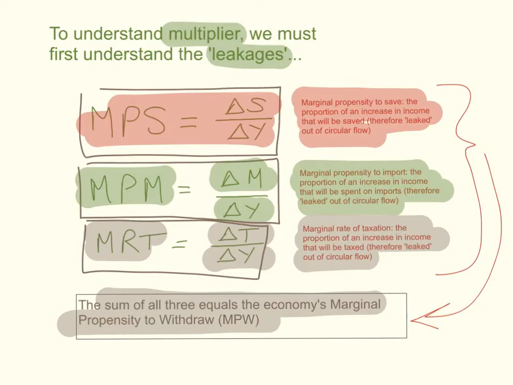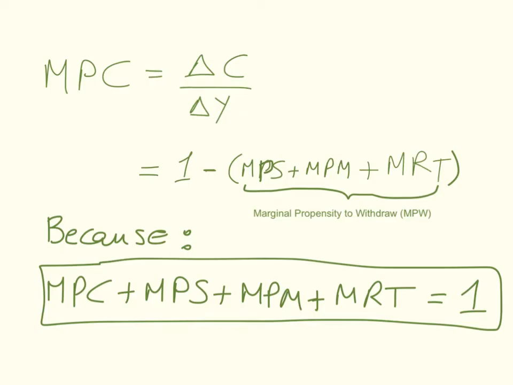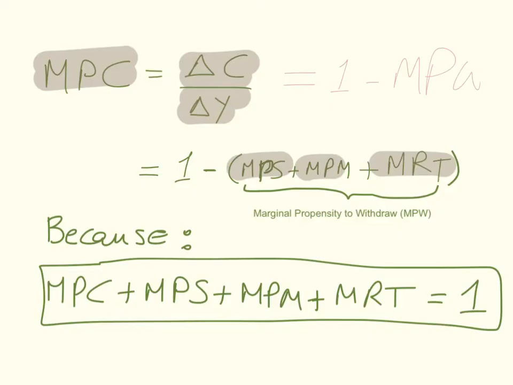What is the significance of those three marginal propensities? Let's find out in the next slide. This brings us to the MPC, the change in consumption spending as a result of a change in income. The MPC is equal to 1 minus the sum of all three: 1 minus the MPS plus the MPM plus the MRT, or simply 1 minus the MPW, the marginal propensity to withdraw.